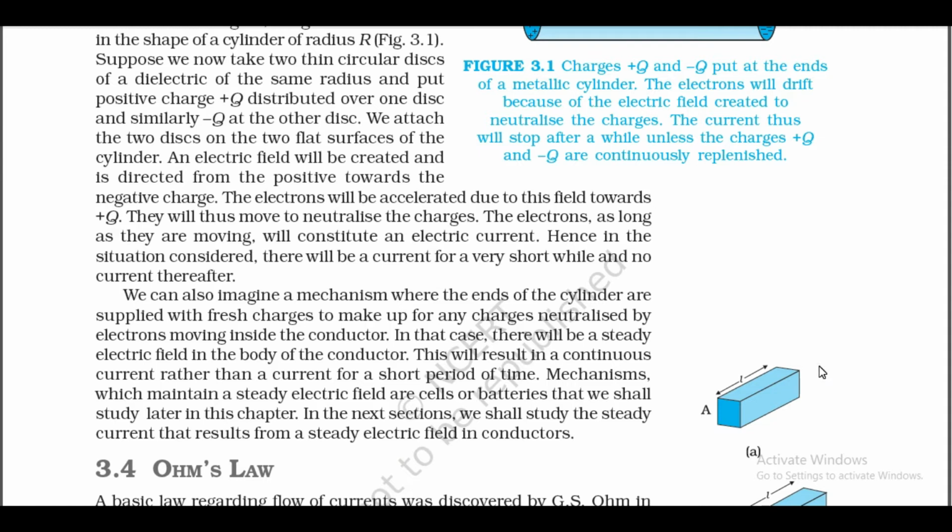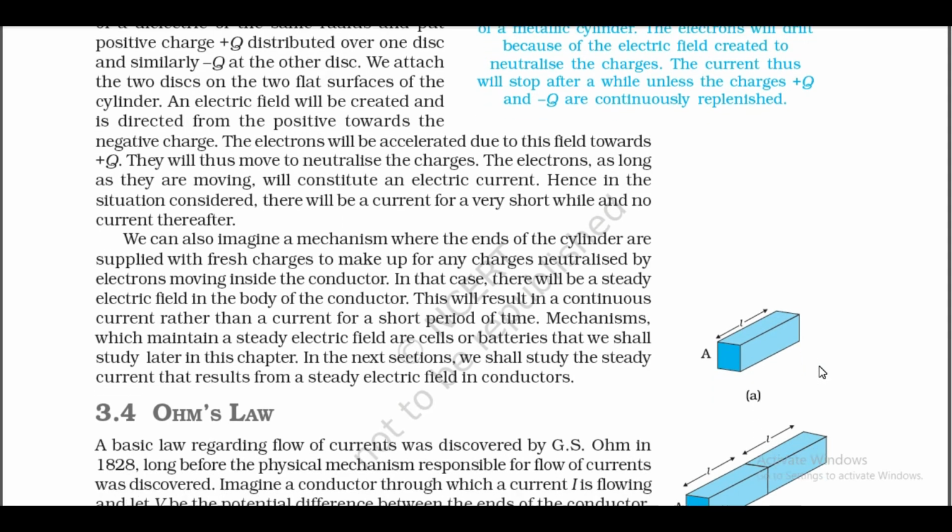This will result in continuous current rather than a current for a short period of time. Mechanisms which maintain a steady electric field are cells or batteries that we shall study later in this chapter. In the next sections, we shall study the steady current that results from a steady electric field in conductors.